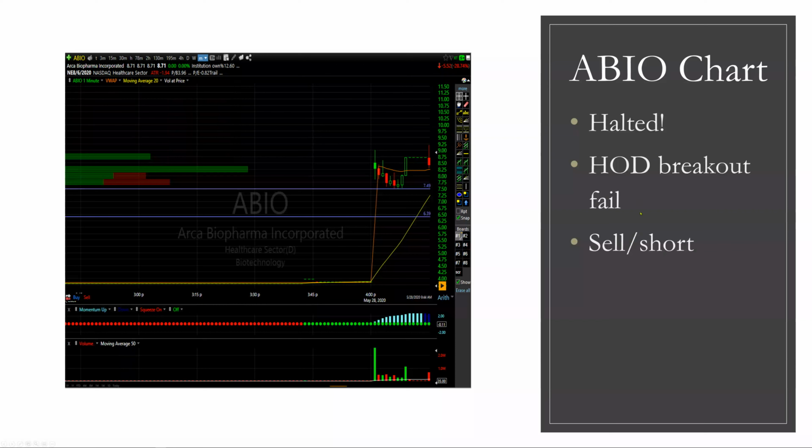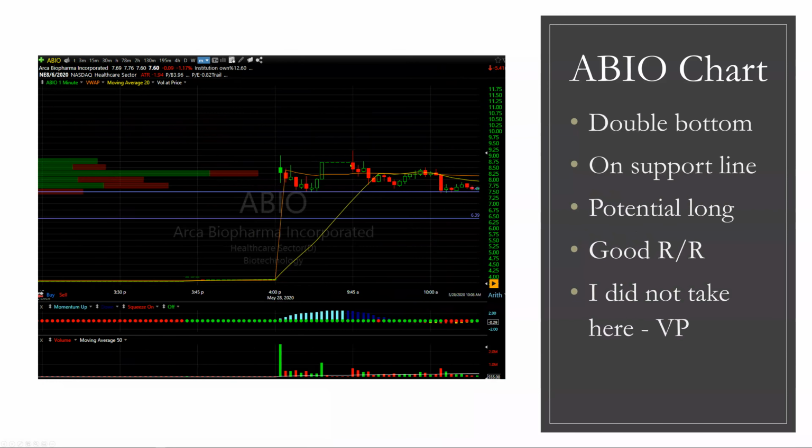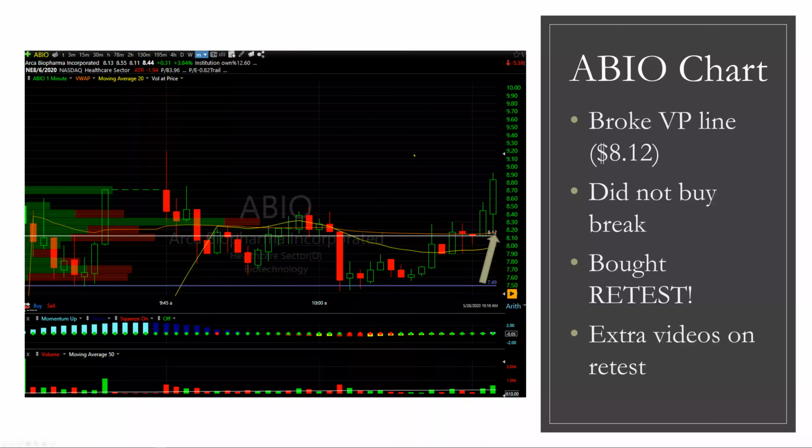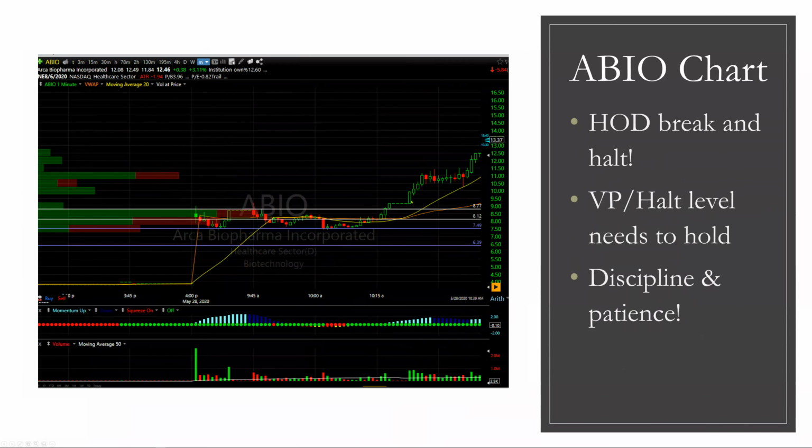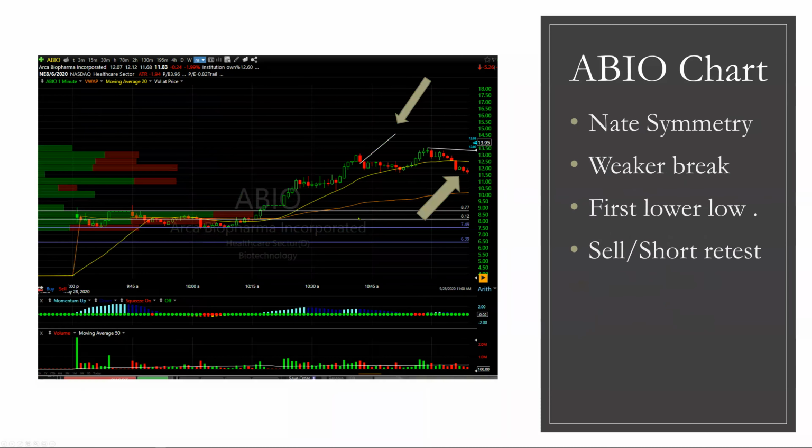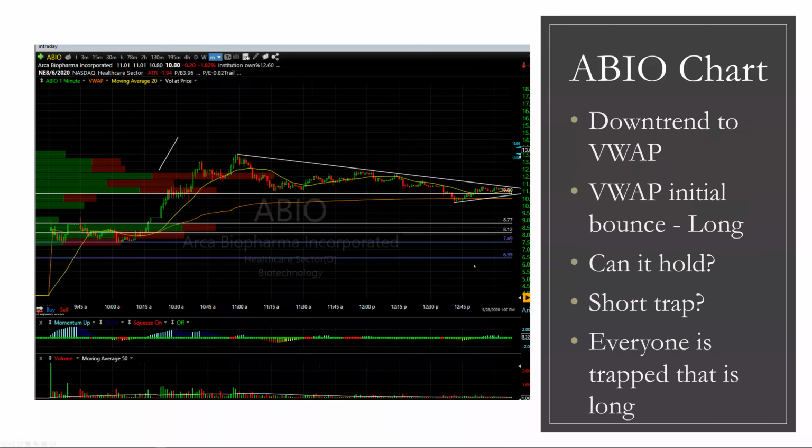And so I did that, and actually it was a failed breakout again, and it came back down to a double bottom, and then came back, broke VP line, did not buy, bought the retest, high of day break, halt, and this is where it just starts going nuts. Boom, boom, boom, and anyway, that's no reason to really go through that.